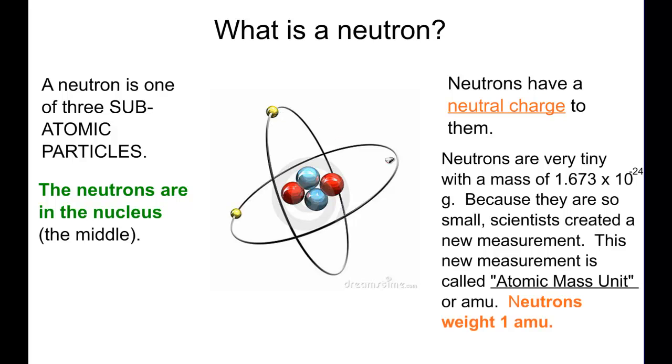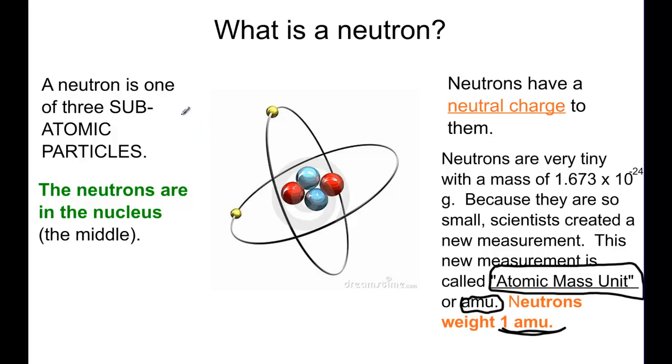All right, so because of that small measurement, it was much easier for scientists to just invent their own new measurement that was equivalent. And so they created what they called the atomic mass unit, okay, or AMU for short. All right. And a neutron weighs the same as a proton, which is 1 AMU.